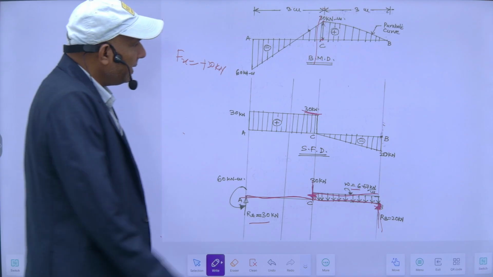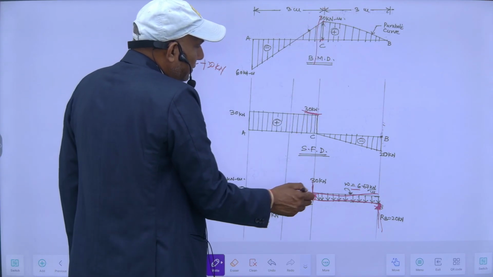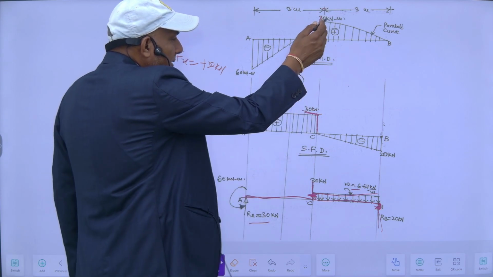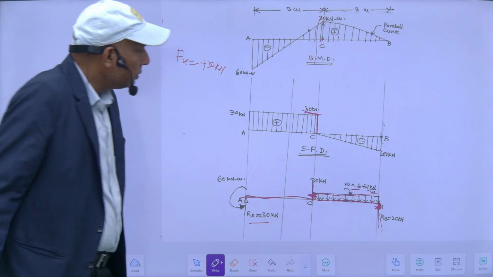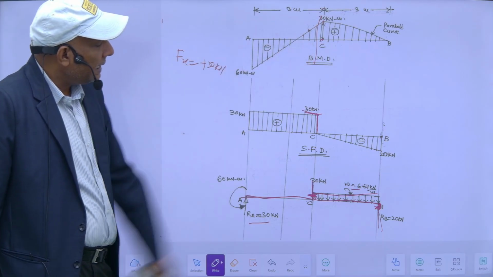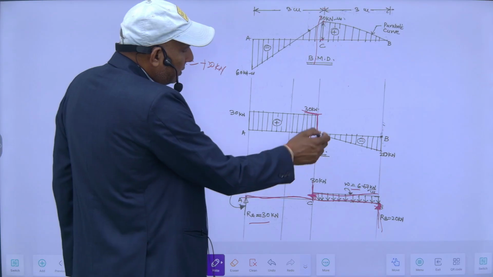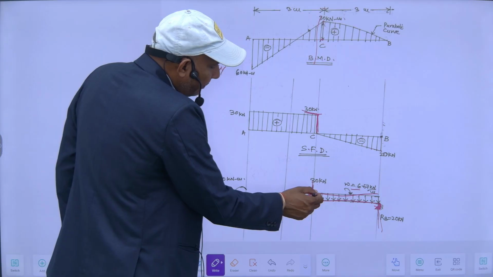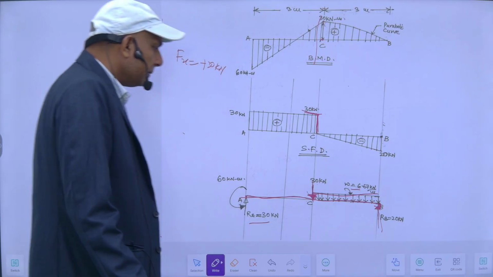So I have to apply a vertical load of 30 kilonewton so that it will become 0. Otherwise this moment cannot be maximum here. So to get the bending moment maximum here, I have to apply the same amount of 30 kilonewton so that my shear force becomes 0. It means there is a vertical load of 30 kilonewton.